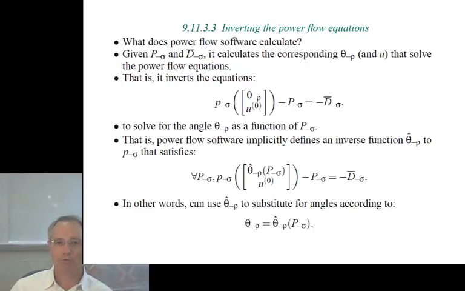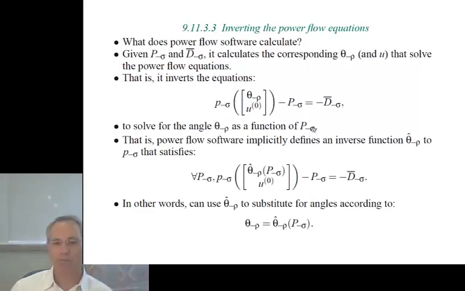So for us, power flow software gives us a solution of angle and voltage given real power injections at the generations and demands. We could say that it inverts these power flow equations to solve for the angle theta minus rho, effectively as a function of P minus sigma.